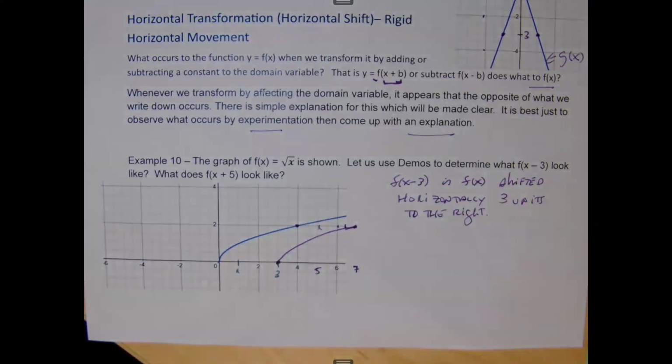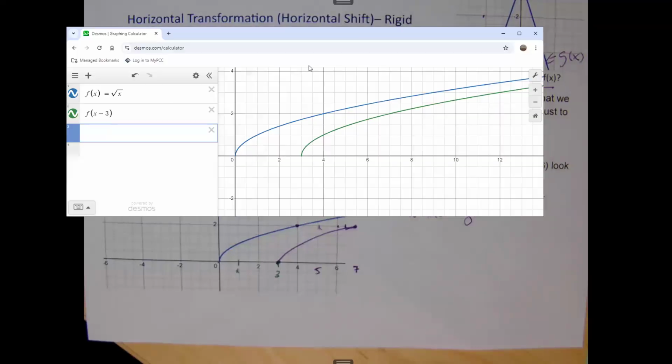What does f of x plus 5 look like? Here, let me find my function. It's got in the way here. I can't grab my screen back. f of x plus 5.